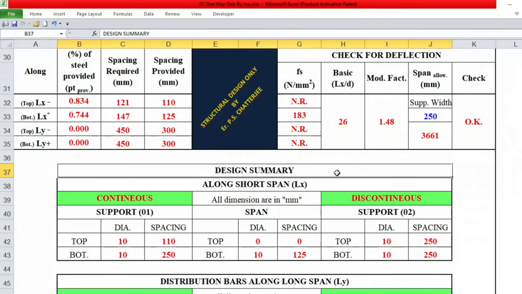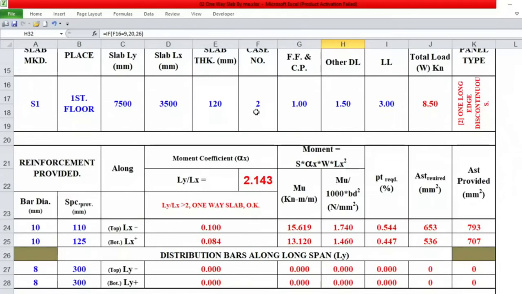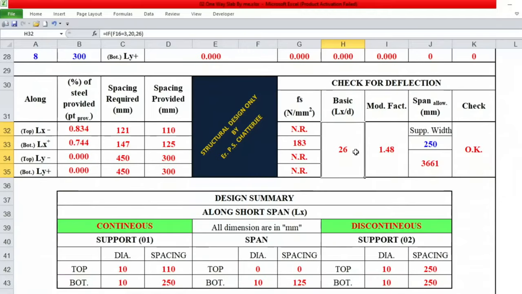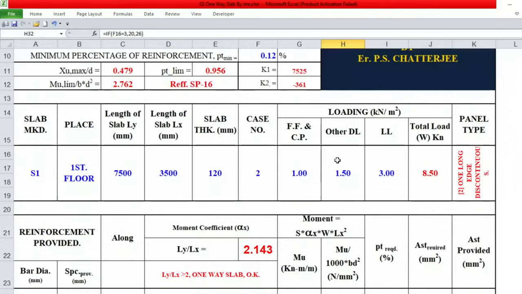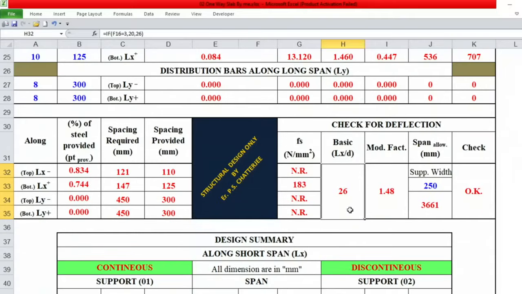Now check for the deflection. Fs is equal to 0.58 Fy, AST required by AST provided. Basic Lx by d on the basis of the case number: if the case number is 3, then basic Lx by d will be 20, otherwise it will be 26.